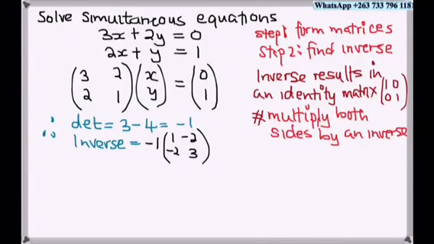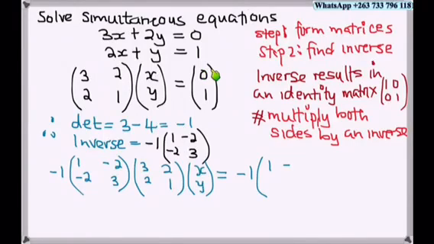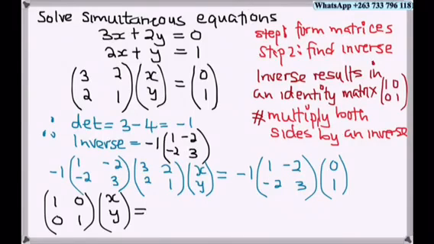As we said before, on this side it will give us an identity matrix, which is 1, 0, 0, 1. Then on this side it will give us the final answer. So let's concentrate on this side only to find our answers. Here we already know that it will give us an identity matrix.